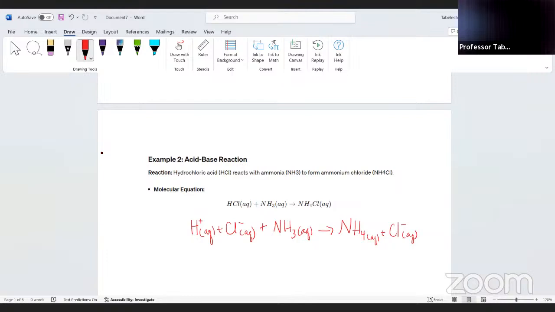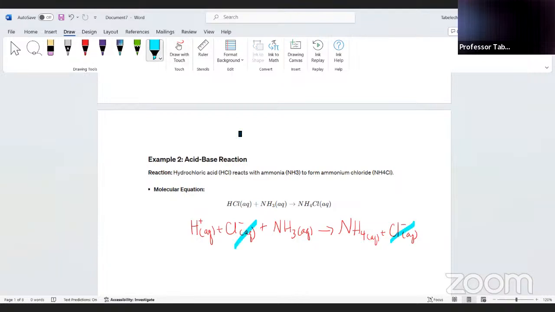Now, watch this. Let me zoom it out a little so y'all can see this. Again, we separated the hydrogen from the chlorine. Yes, they split apart, aqueous split apart. Ammonia, though, doesn't split apart. Ammonium splits away from chlorine. So watch this.